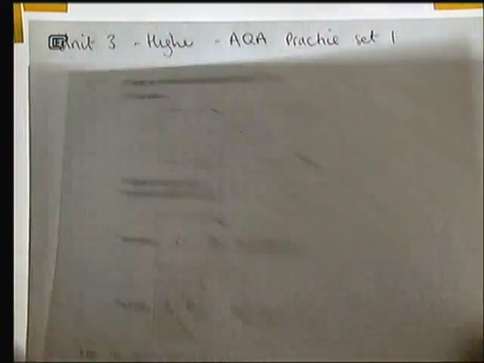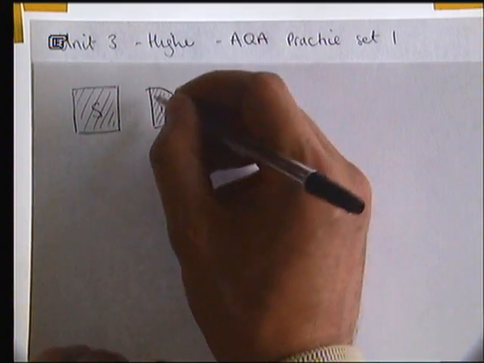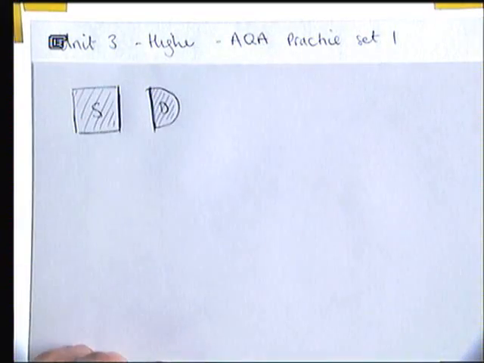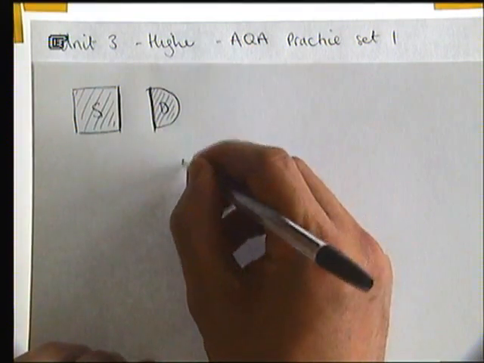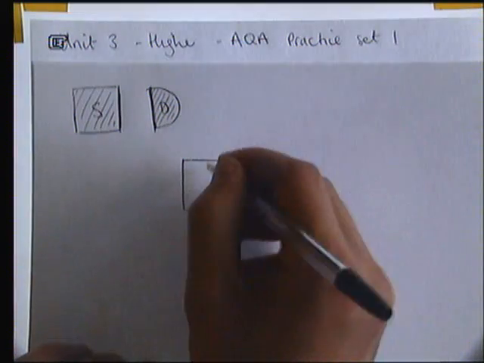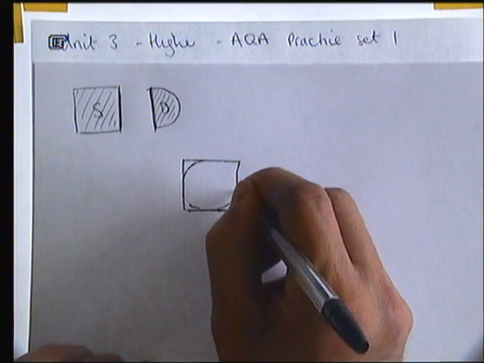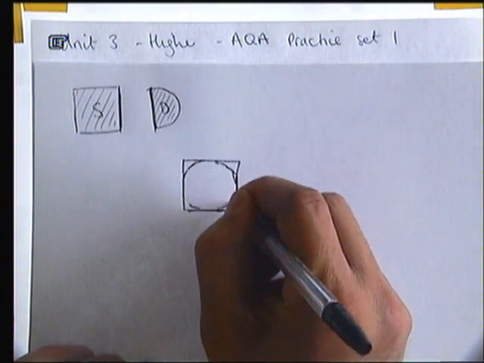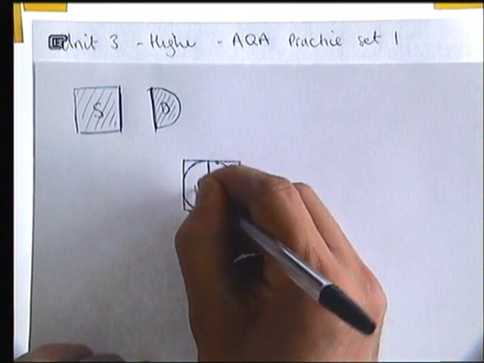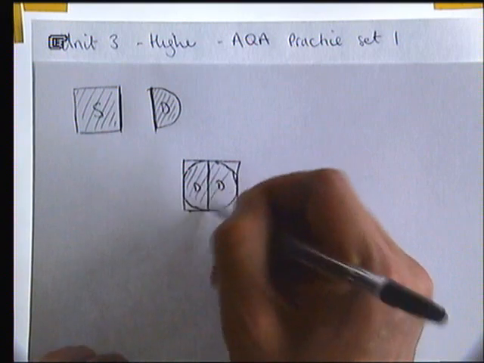So under here, I've got a picture of S and D, and all they want us to do, because the diameter of the circle is the same as the edge of the square, is just put 2 D's inside an S and show that the area is smaller.